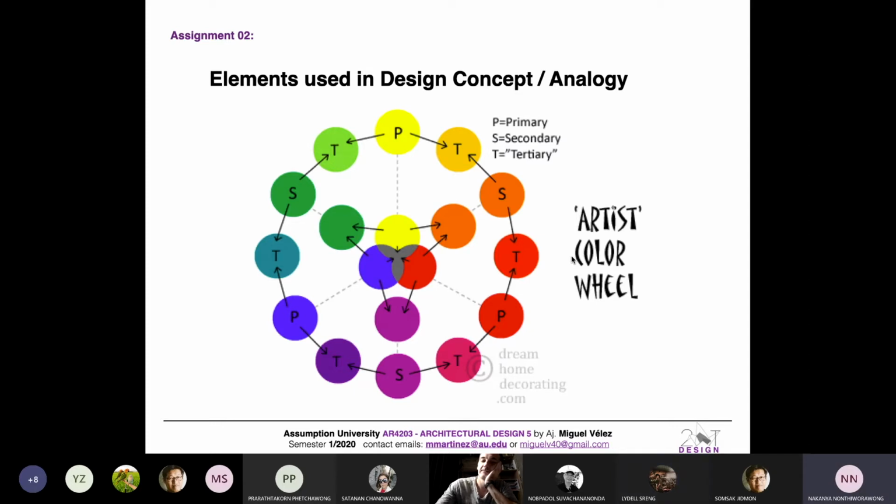Like we have the 3 primary colors, and then they are placed on each side of the circle, and the area in between each primary color would be 2 colors combined to make a secondary color. And then it's going to make a tertiary color, and all the 3 primary colors combined together would give you a light gray or a dark gray color.